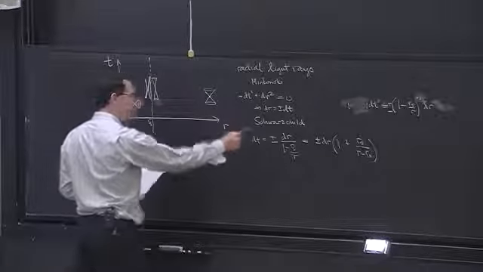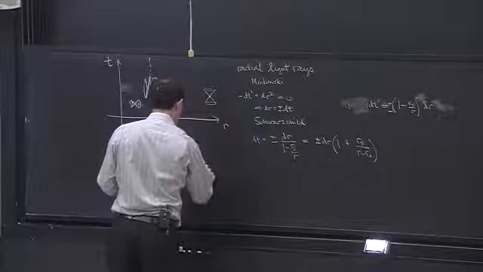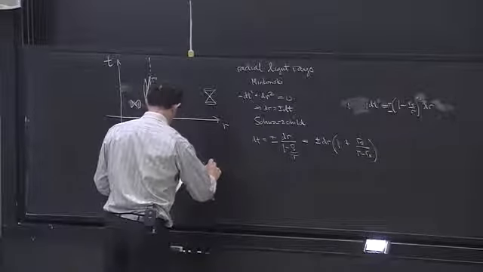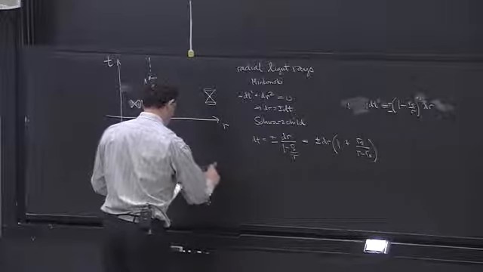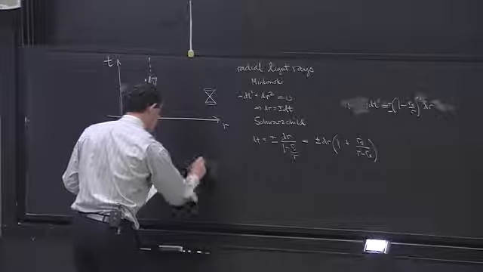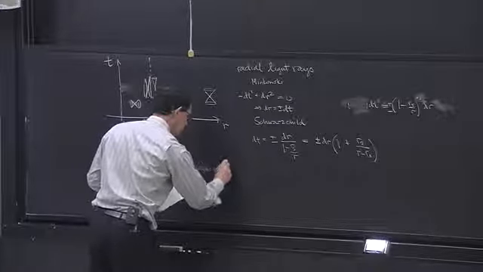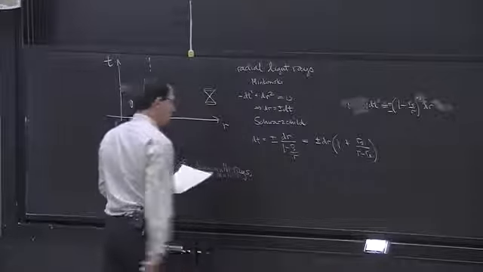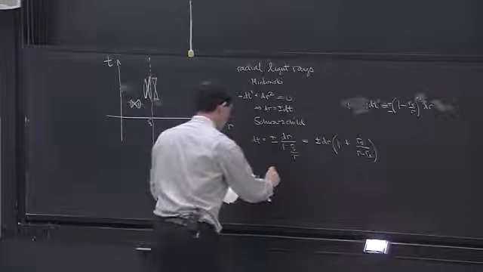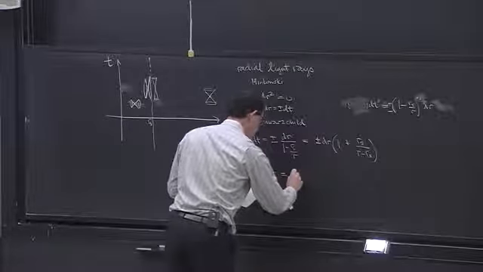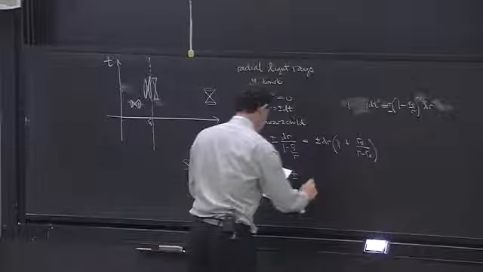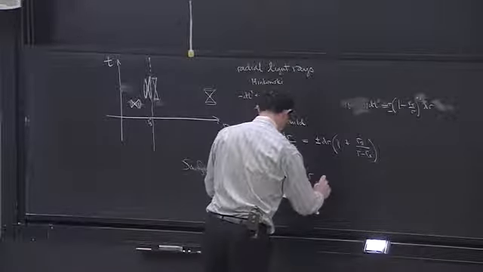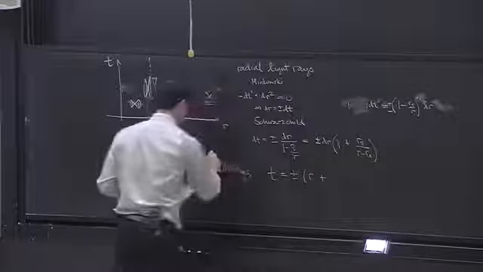So now this we can integrate. For null rays, we can integrate this equation. t equals plus or minus r for radial null rays.